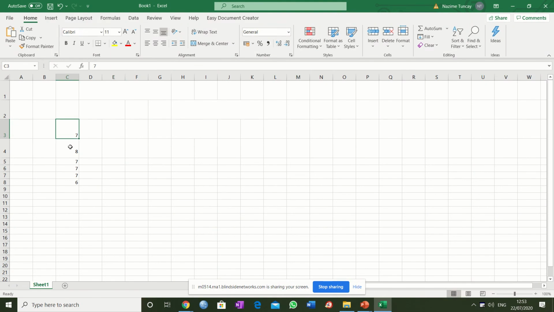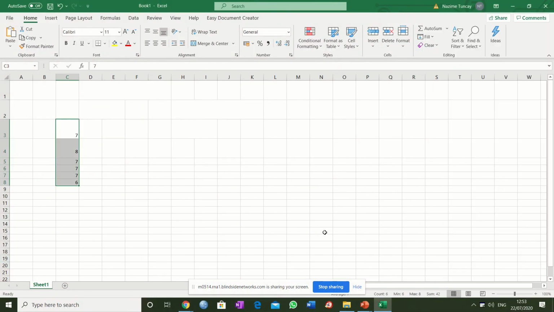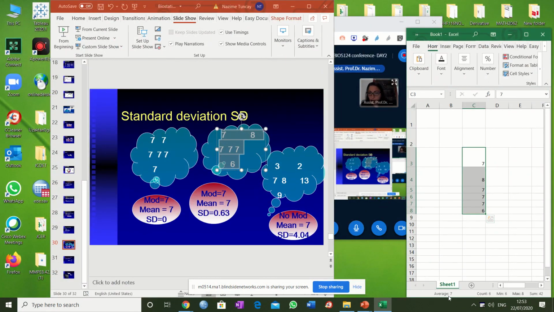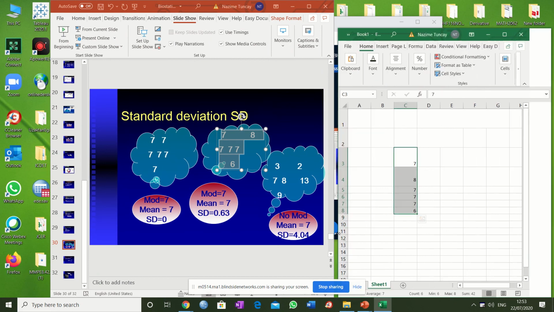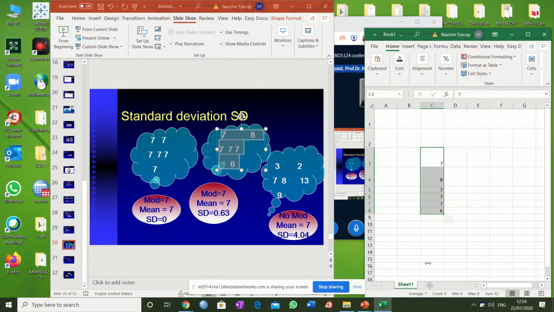If we just select them, you can see here the mean, maximum, minimum, average. My screen recording was covering the average there. So average is the mean. In Excel you can see here the average is 7.